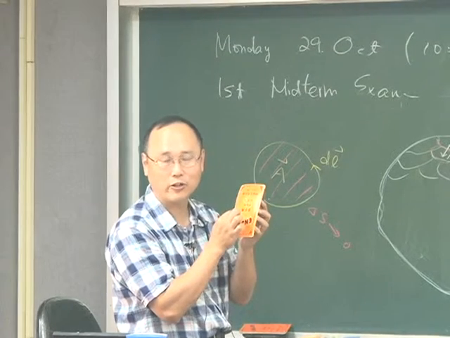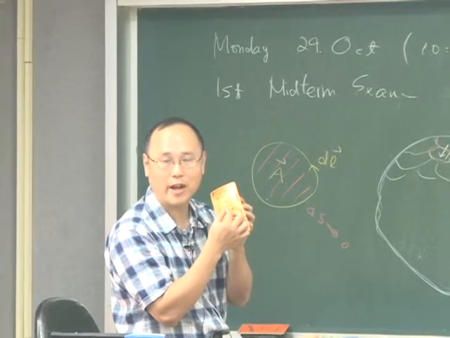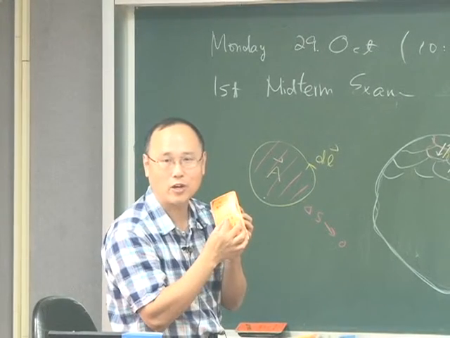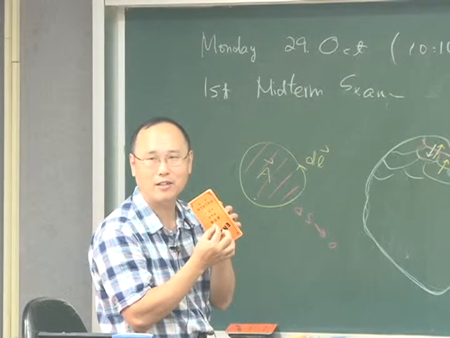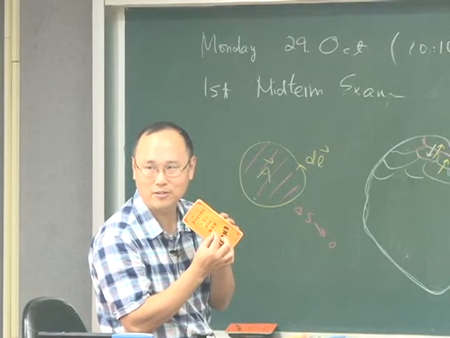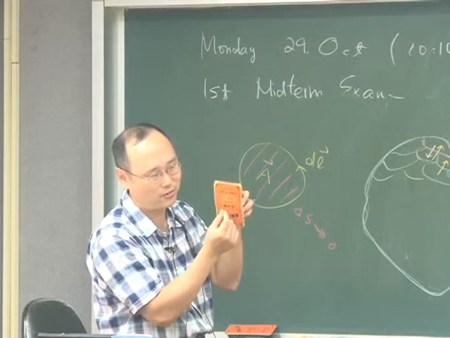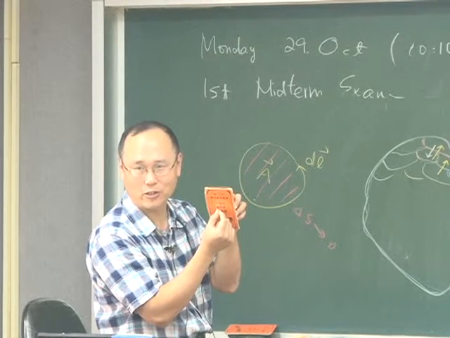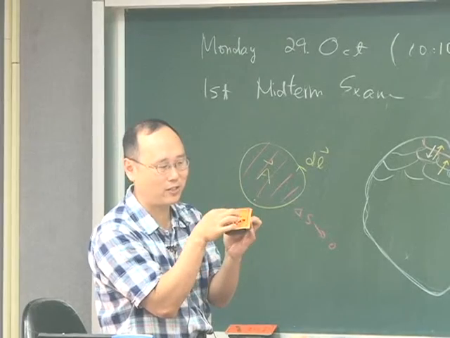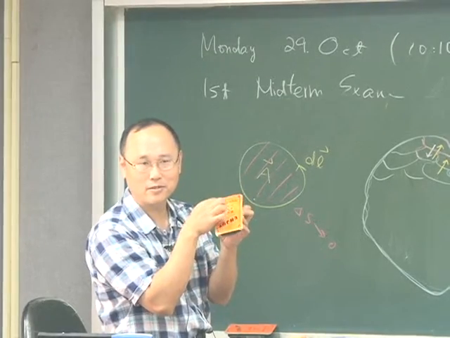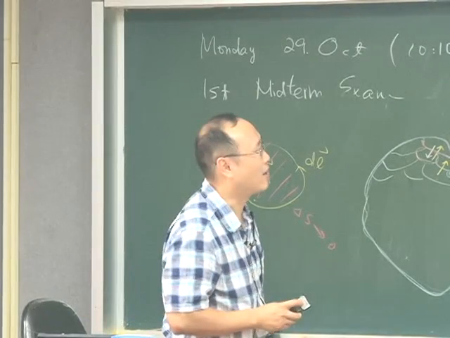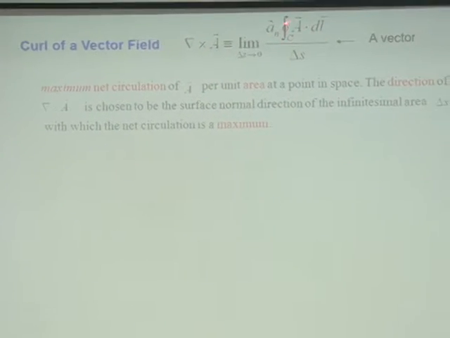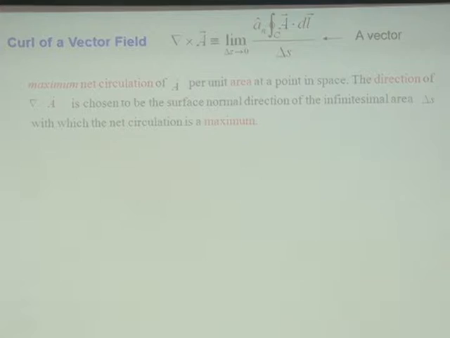So when you calculate the circulation right at a point, you have to tell people what kind of surface you choose. Otherwise, you don't get a single value. If you pick this surface, you can calculate some circulation. If you pick this surface at the same point, you get a different value. So we have to define this curl of A for some particular path that gives you something meaningful.